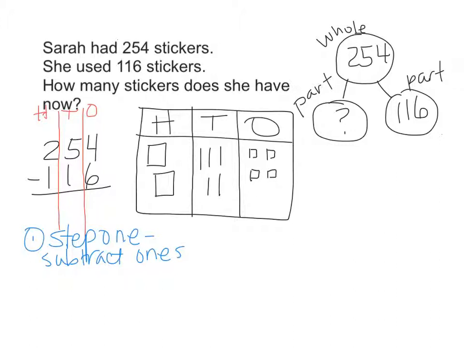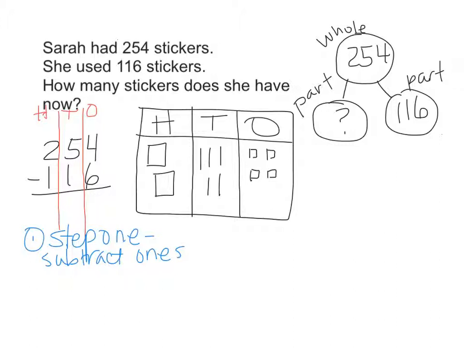Here are my 4 ones, and here are my 4 ones again. Now I have 4 ones. And remember the triangle. 4 ones. We're going to take away 6 ones. Can I take away 6 ones, boys and girls? Well, no.